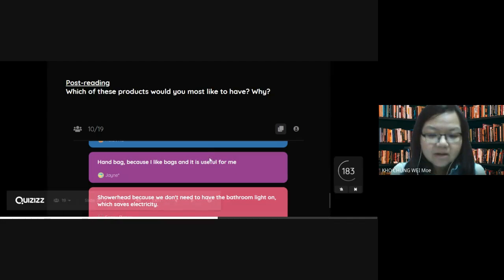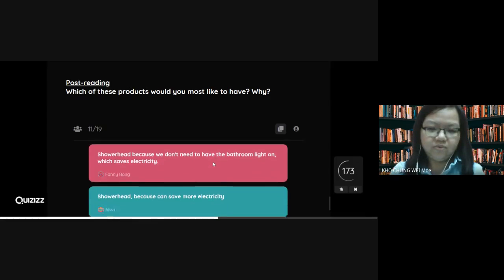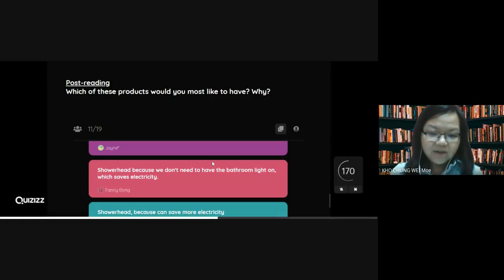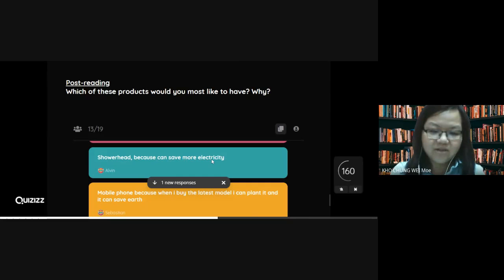Jane said handbag because I like bags and it's useful for me. All right, very good. This is a very personal answer, Jane. You like bags and the handbag will be useful to you. Fanny said shower head because we don't need to have the bathroom light on, which saves electricity. Good, you have elaborated on how it can save electricity.